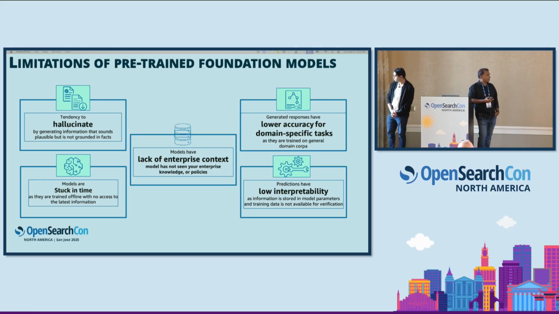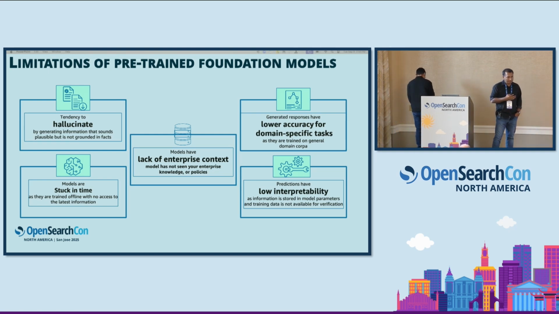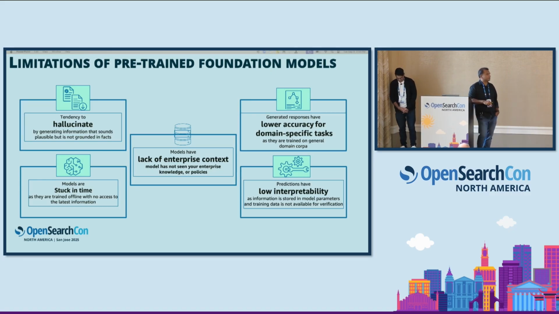Most of these models are trained at a particular period of time, so they're stuck in time, and they hallucinate. Basically, they pretend they're giving the right answer. Also, they are trained on a particular data set, and you've got to fine-tune to make it applicable to your own domain-specific tasks.